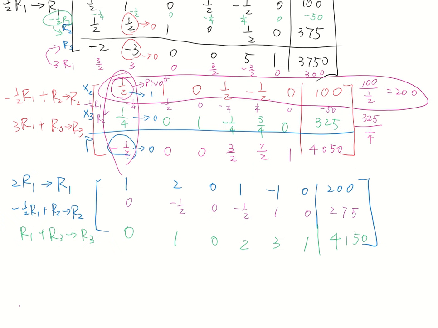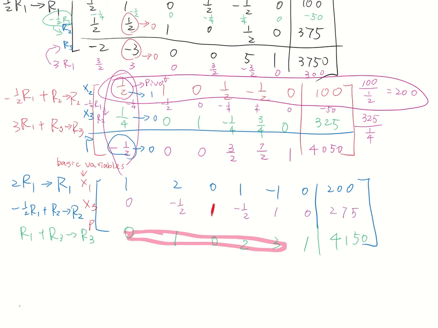Now that we do not have any negative indicators, we're done here. The basic variables we have here are x1 and, a tiny calculation mistake here. This is a 1, not 0. x3 and p.